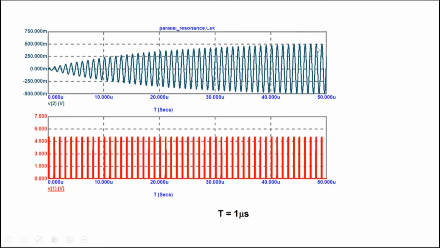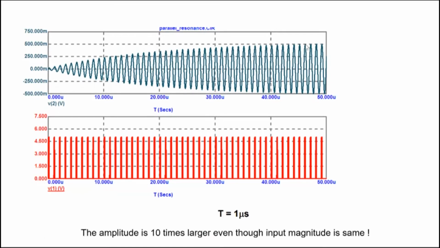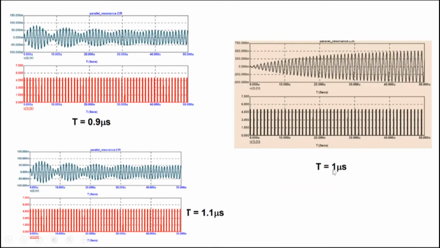And if I had a circuit with less dissipation in it, with fewer resistors, this would have reached even higher. So what we are saying is that many systems have a natural frequency, and if you apply an input which matches the natural frequency, then the system responds with a very high amplitude, 500 millivolts.